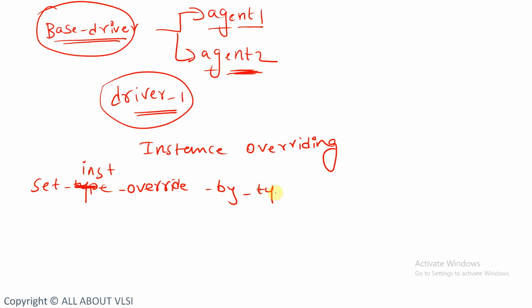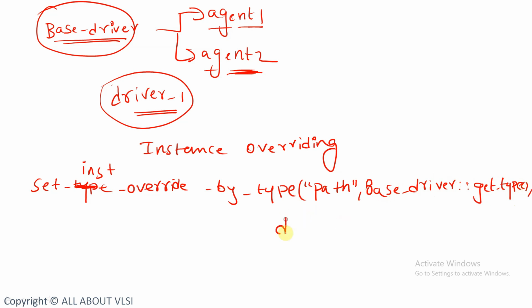We are basically specifying the path, and again the original thing is base_driver get_type, followed by a comma. You want to replace it with driver_1, so we will call the static method get_type. And here we should mention the path where our base_driver is present.